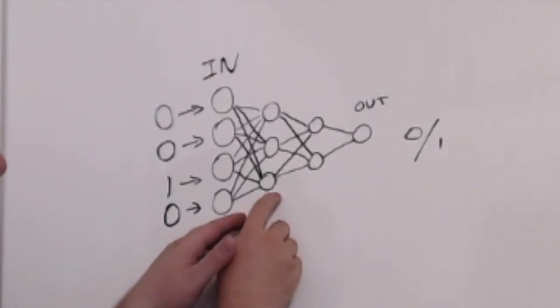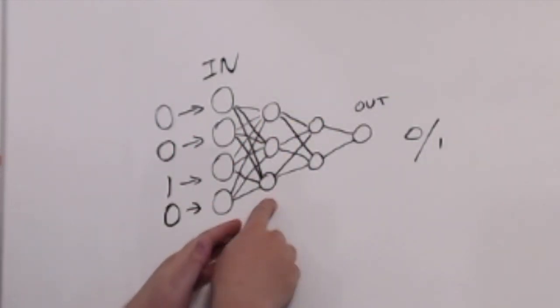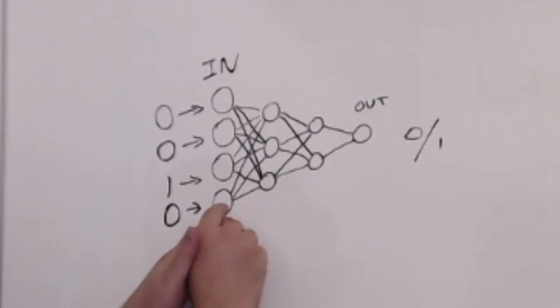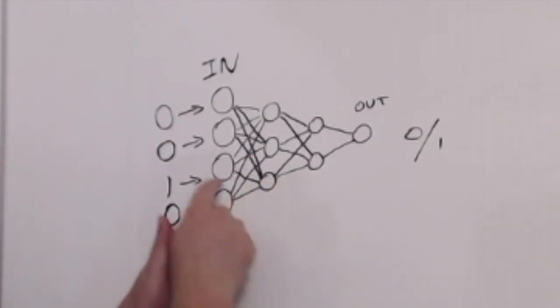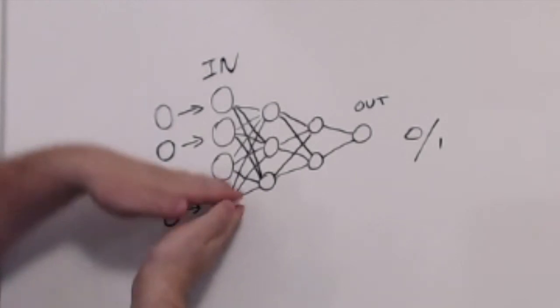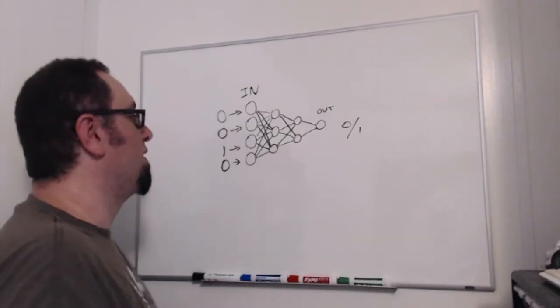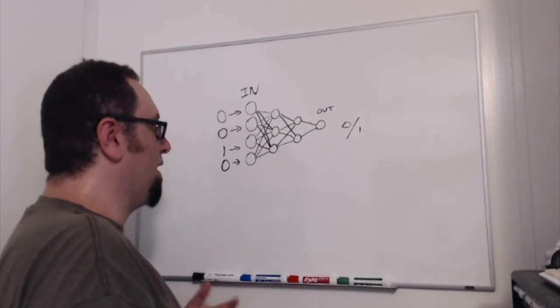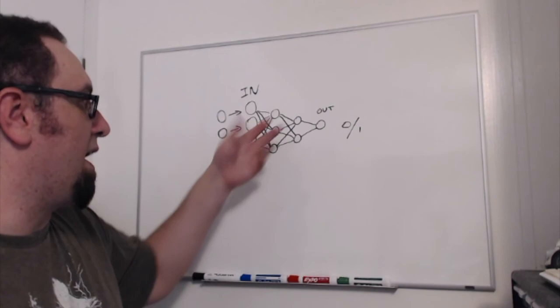Then the first layer that's really processing something is this one here. This is being multiplied by some number in this weight here, and it's being added here. This value here is being multiplied by some number that's in this weight here, and it's being added here. All that stuff gets added together. And then there's something called an activation function that it goes through, and that makes it nonlinear, and then it outputs it.